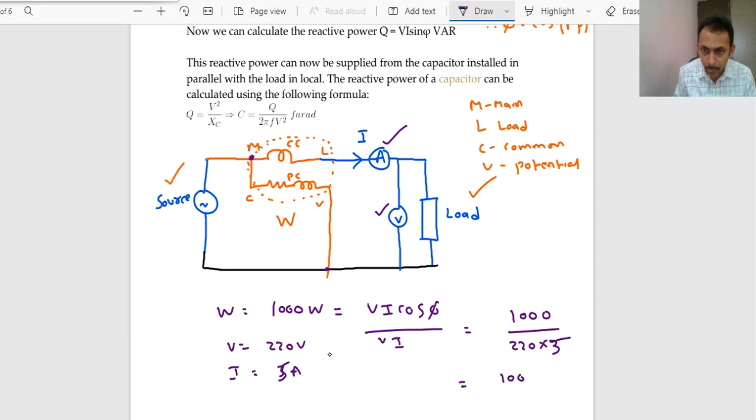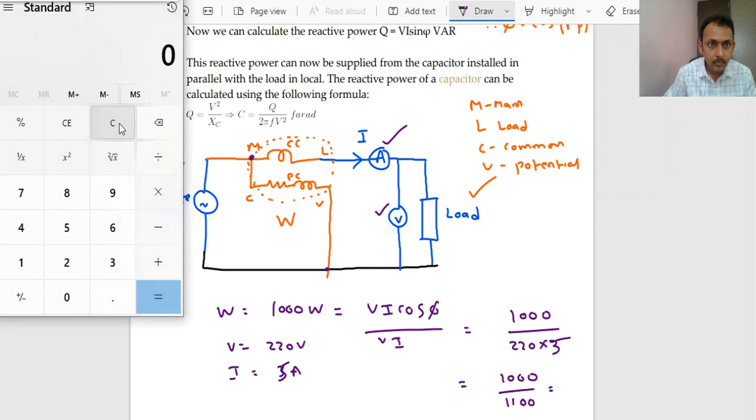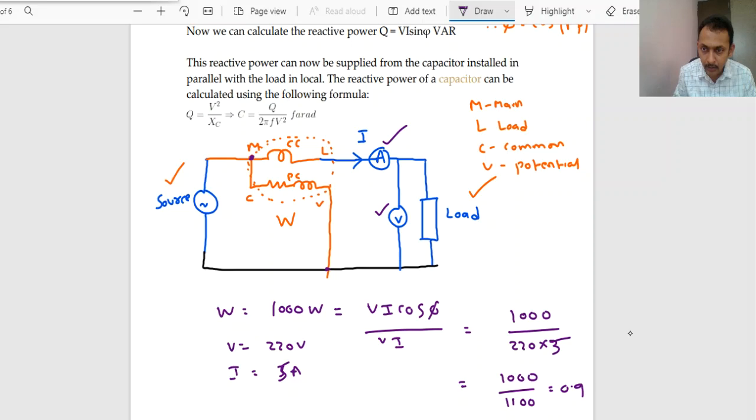So 1000 divided by 1100 we get 0.909. Therefore the power factor cos phi is equal to 0.909.